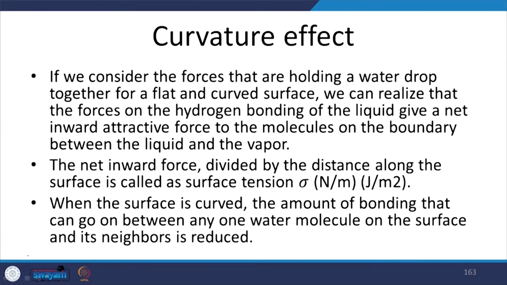Now, in order to understand these things mathematically, we should consider two very important effects, called the curvature effect and the solute effect. Curvature effect is important in the sense that the rain droplet is spherical in shape, and being spherical will affect how the saturation vapor pressure changes with respect to a plane surface of water, right.